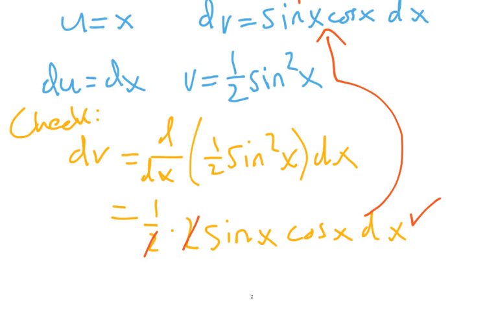Okay, so now we're ready to do our integration by parts. So if we remember what these are, we know that our integral is going to be given by uv minus integral v du.